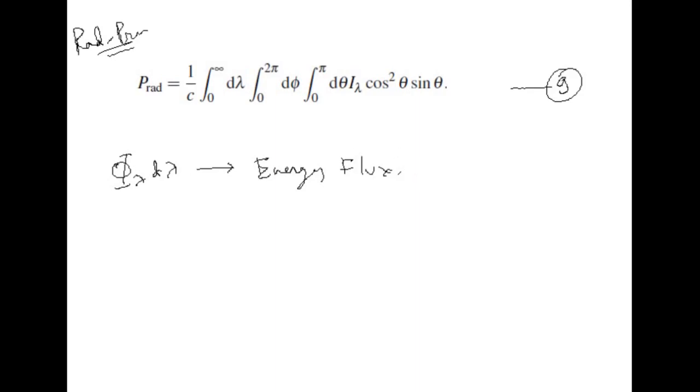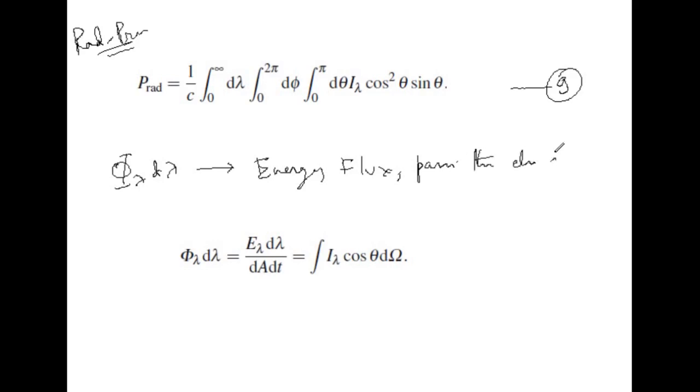Thus we can write it like this. So this energy flux passing through surface element dA is the net energy flow normal to the surface, and as a result we can write this relationship.